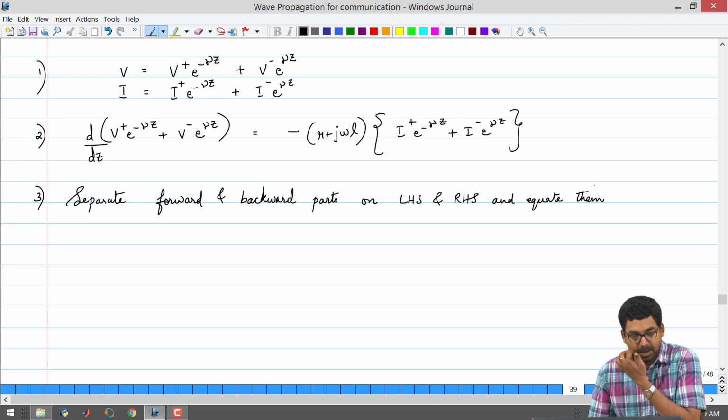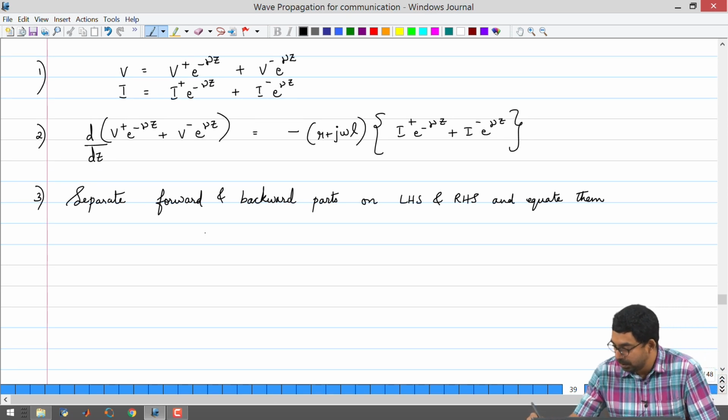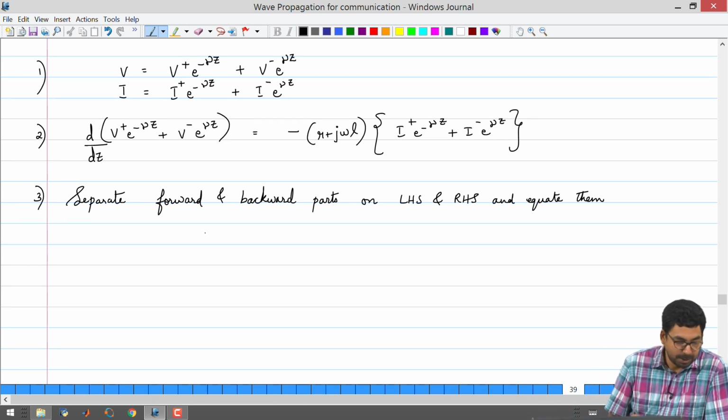All right. So, all we are doing is we are going to separate the forward, the backward part on both the left and the right hand side, and we are going to equate them. The idea is to find some relationship between the forward voltage, forward current, right, backward voltage and backward current, and in that process we will be able to find out what the impedance is going to look like, right.